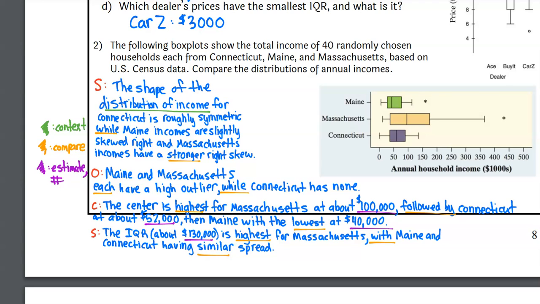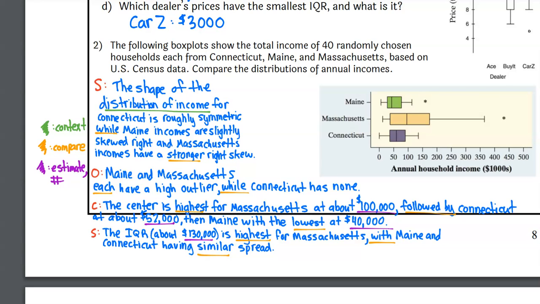So we're looking at the median value here at about 100,000. So notice that Massachusetts has a higher center at about 100,000, followed by Connecticut. So after that is Connecticut coming in second, and last is Maine.